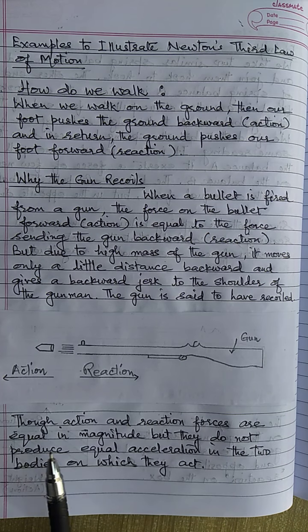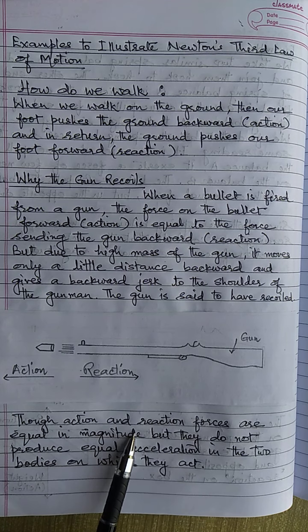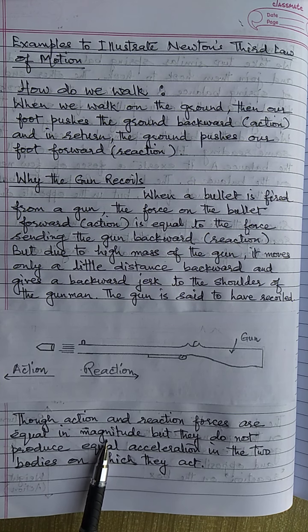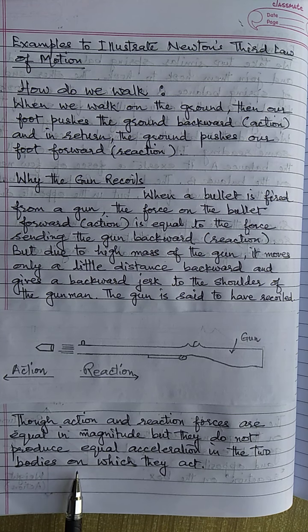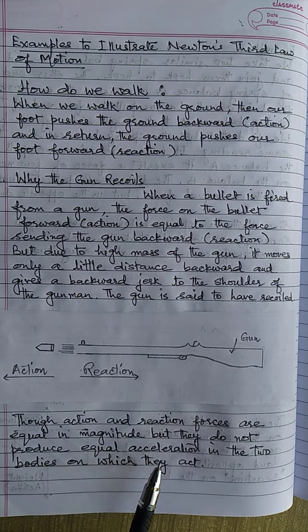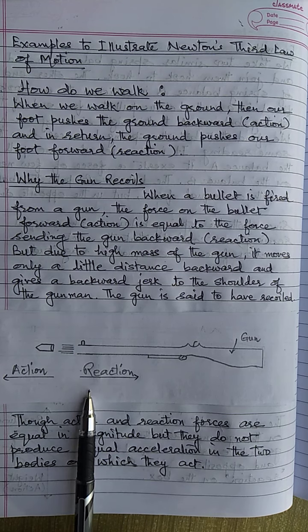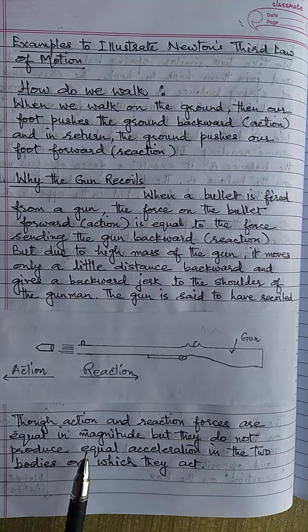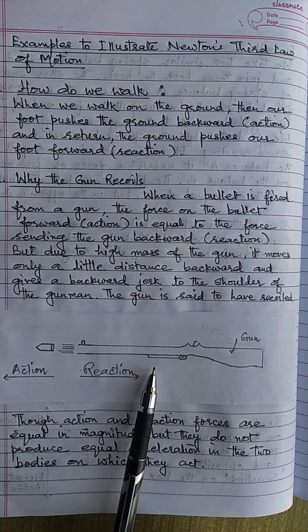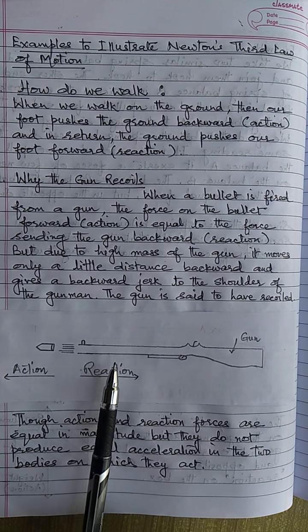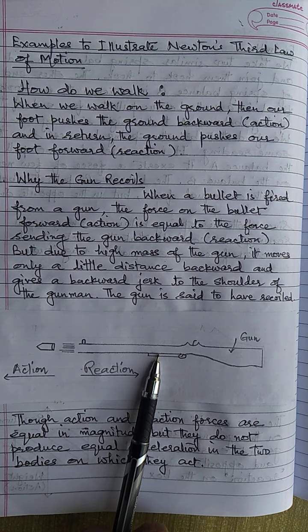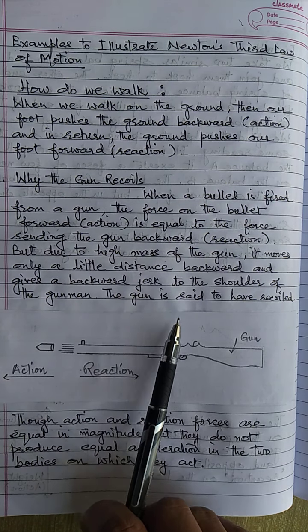We must understand this law also. Though action and reaction forces are equal in magnitude, they do not produce equal acceleration in the two bodies on which they act. Why? Because the masses of the two bodies may be different. The mass of the gun here is much more than that of the bullet. So the acceleration of the gun will be very little, and there will be a jerk on the shoulder.